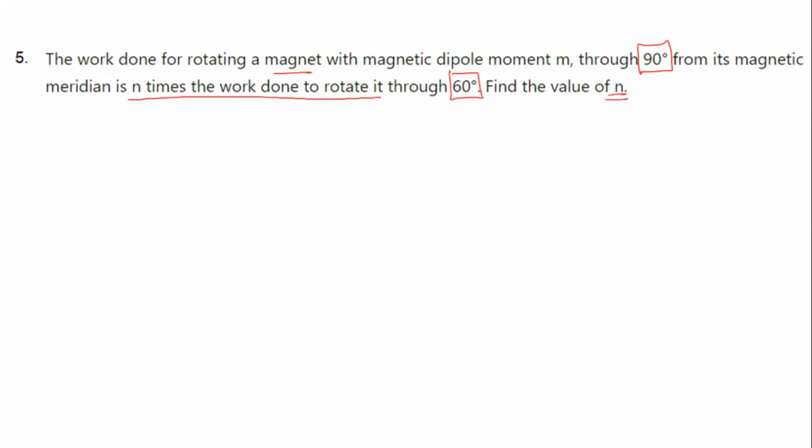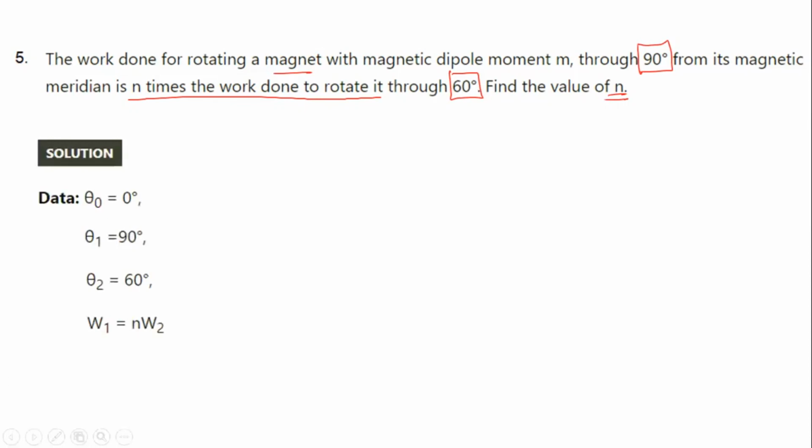Find the value of n. What they have given is the relation between two work done. Basically, theta 0 is 0, the initial angle is 0. Now we have to rotate it first by 90 degrees and then by 60 degrees. The work done to rotate by 90 degrees is W1 and the work done to rotate by 60 degrees is W2. The relation between these two works they have given as n times.